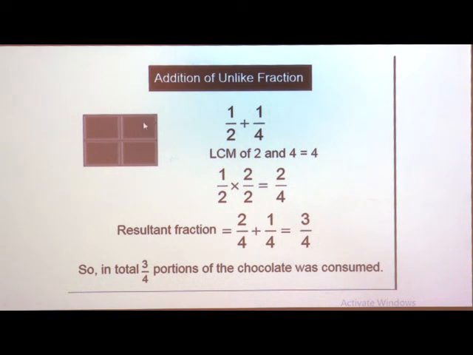In total, 3 parts were consumed: 1 upon 4, 1 upon 4 and 1 upon 4 is 3 upon 4. So by adding half a chocolate and a quarter chocolate, we ate 3 upon 4 of the chocolate. I think you understand, because I explained it step by step. This was the addition of unlike fractions.